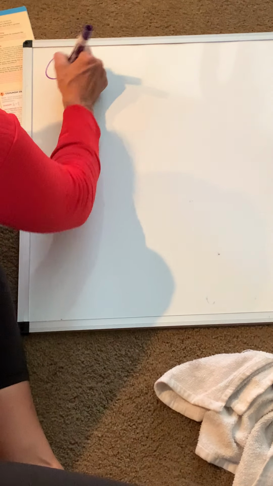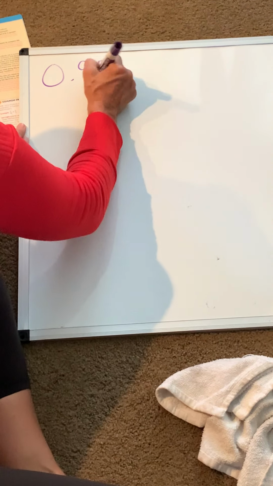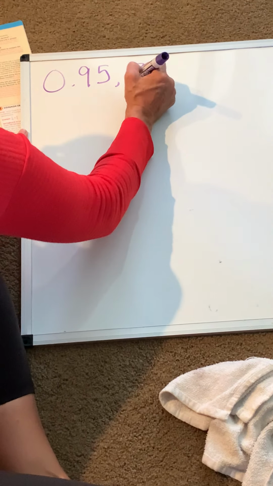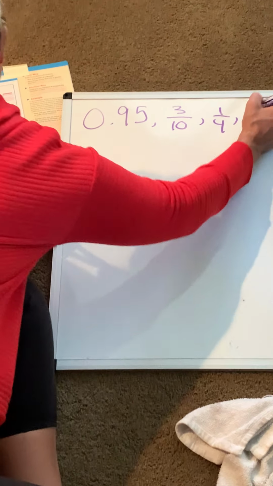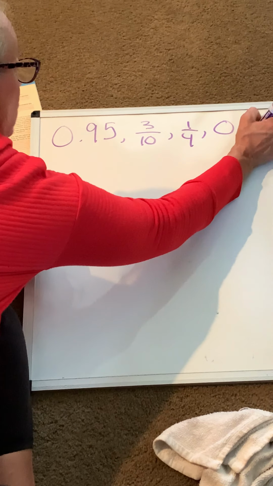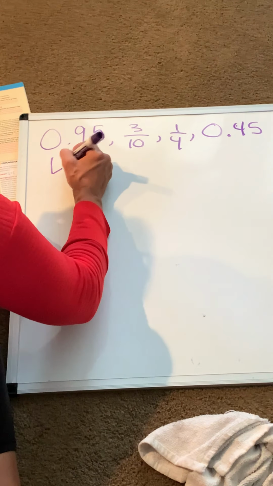Let's do one more example. On the bottom, example 3 says use a number line to order 95 hundredths, 3/10 and 1/4 and 45 hundredths from least to greatest.